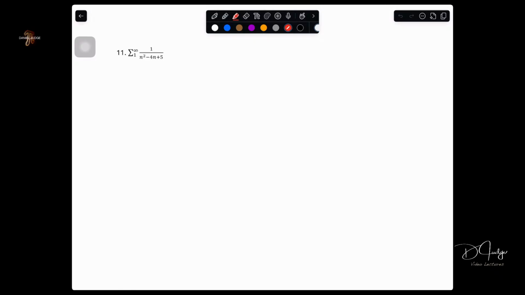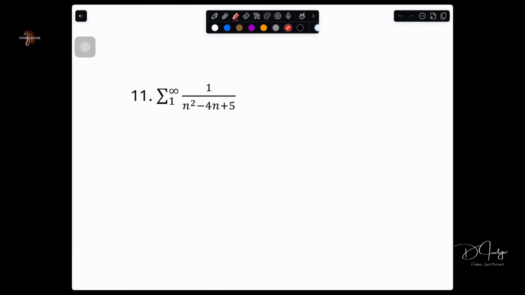Question number 11. We're going to use the integral test. Okay, here's the pencil.